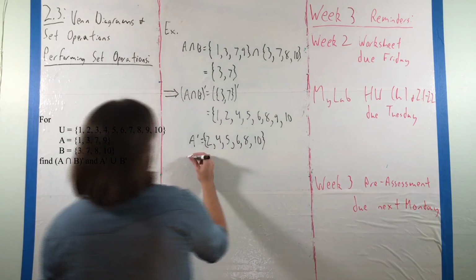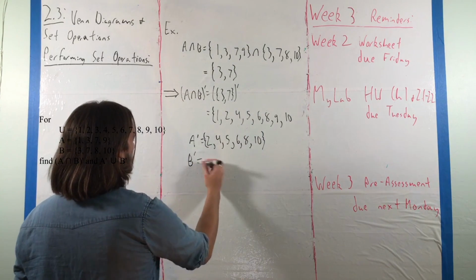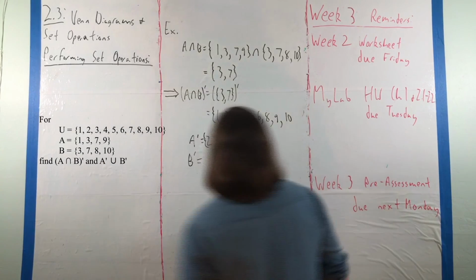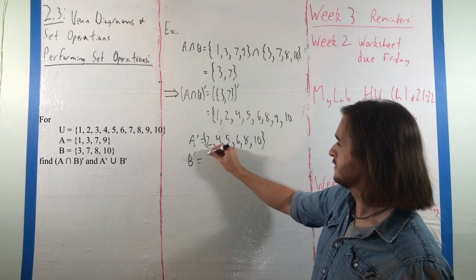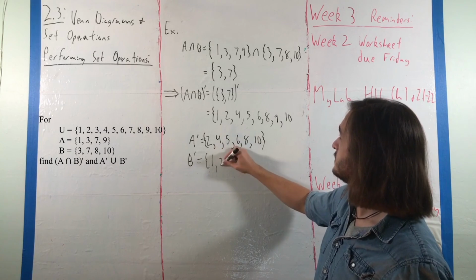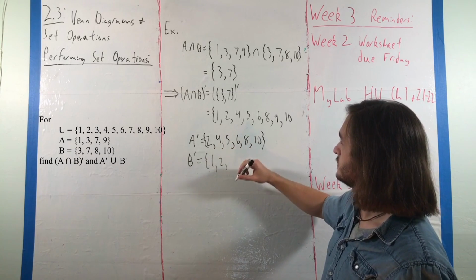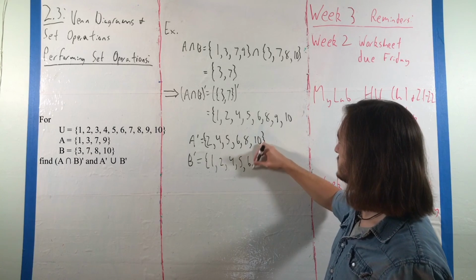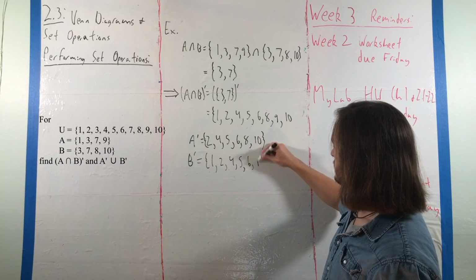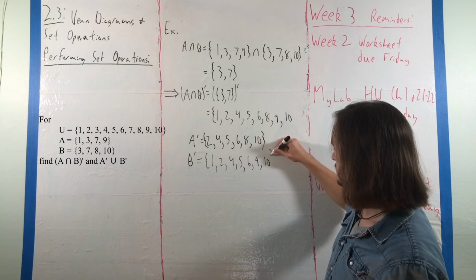While B complement would be the set {1, 2, 4, 5, 6, 9, 10}.